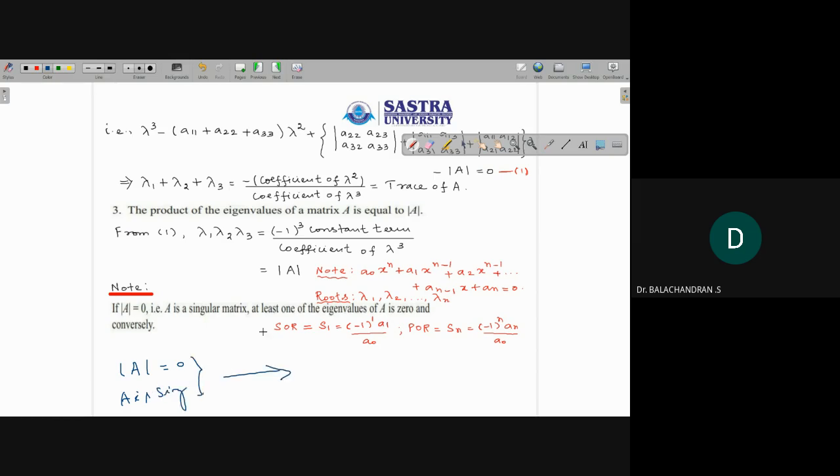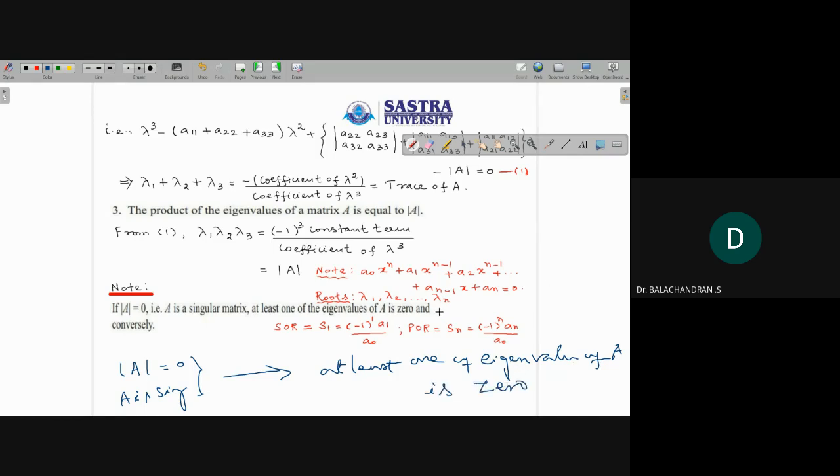So this implies at least one of the eigenvalues of A is 0.